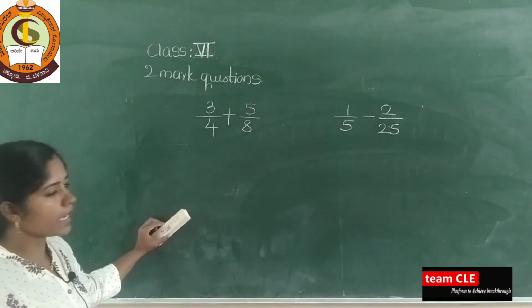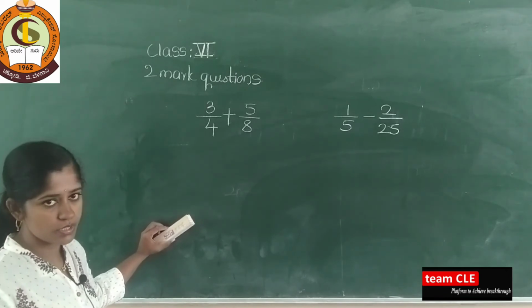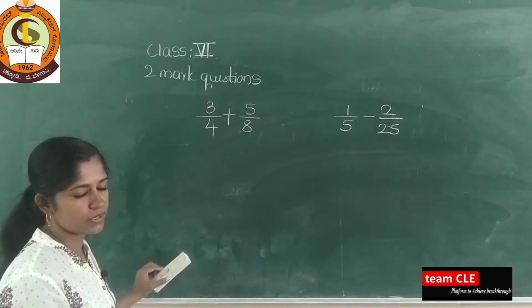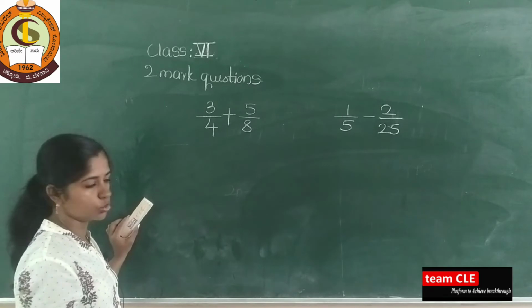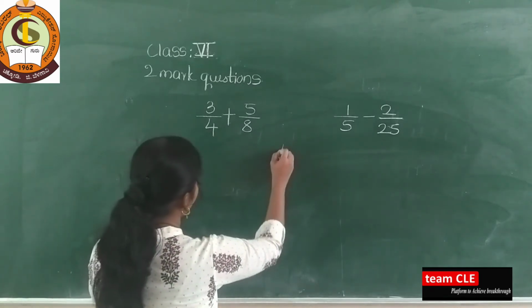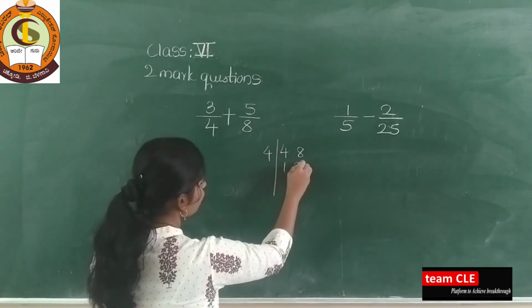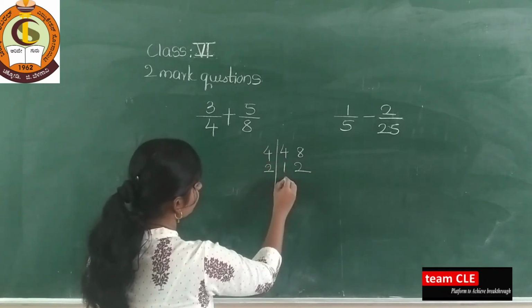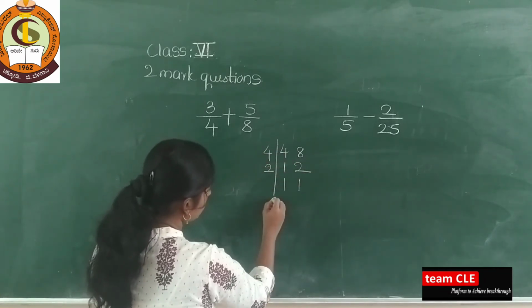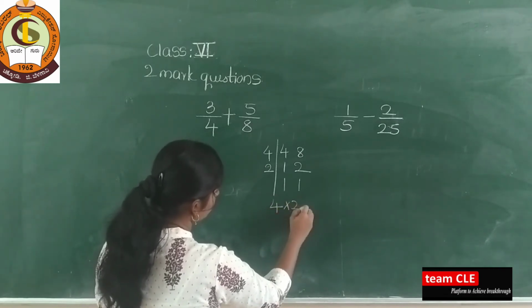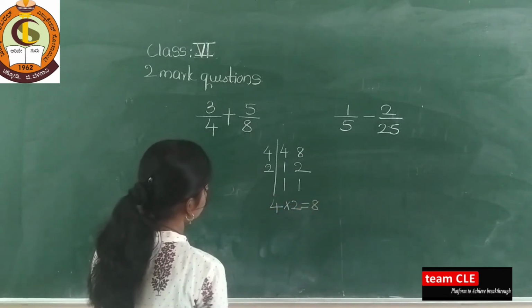See here, first I have to make the denominators the same. Here you have 2 methods, but I will use method 2. So for 4 and 8, you have to take the LCM of 4 and 8. 4 ones are 4, 4 twos are 8. Again, 2 ones are 2, 2 twos are 4. The LCM of 4 and 8 is 8.